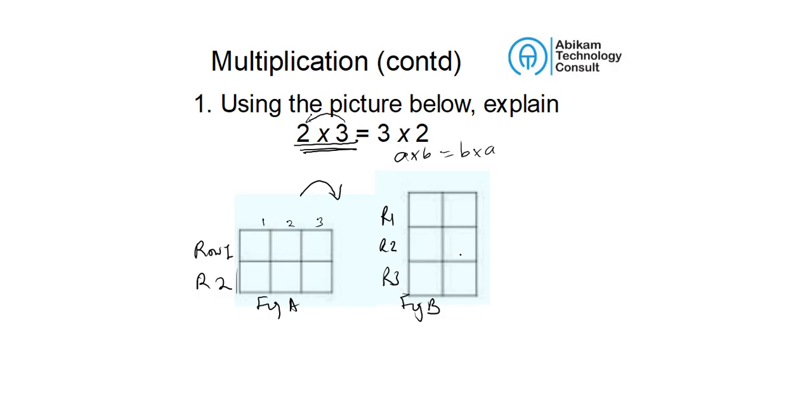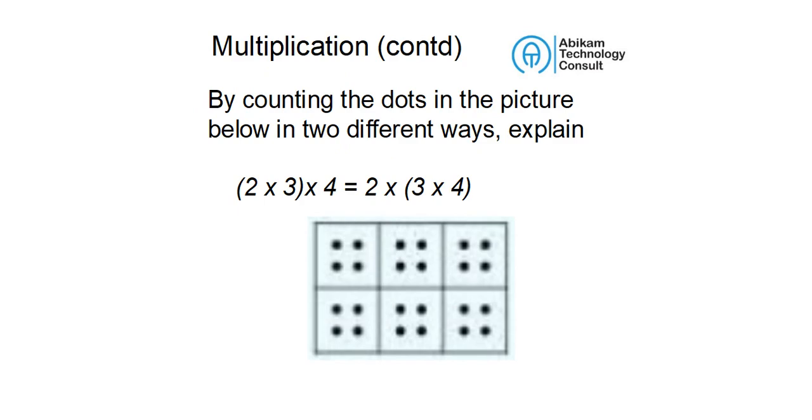Let's see whether the concept of associativity will also be obeyed in this case. By counting the dots in the picture below in different ways, explain 2 times 3 times 4 equals 2 times 3 times 4. You can see that they are the same numbers, 2, 3, and 4, but we are doing it in a different manner.